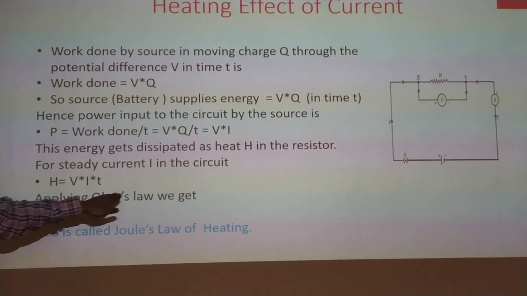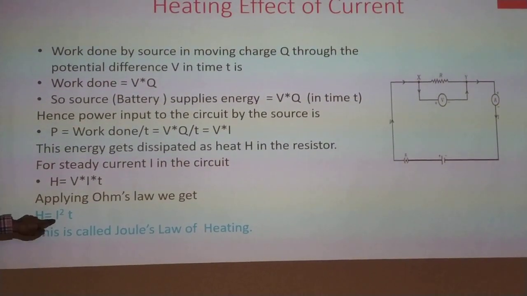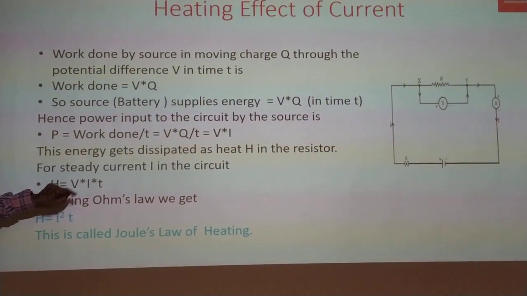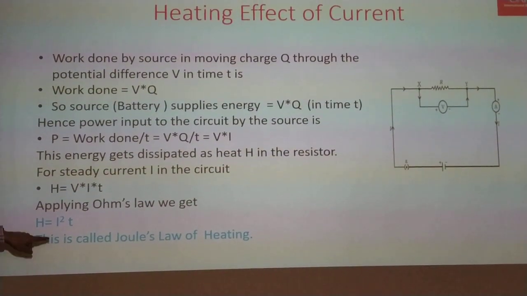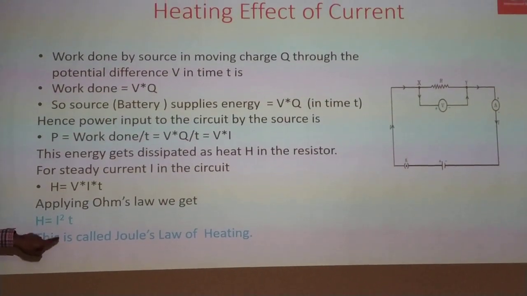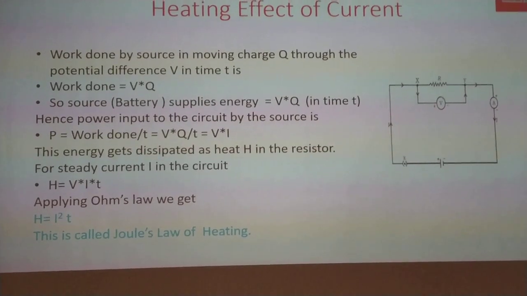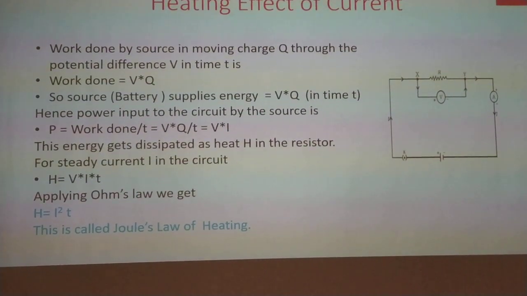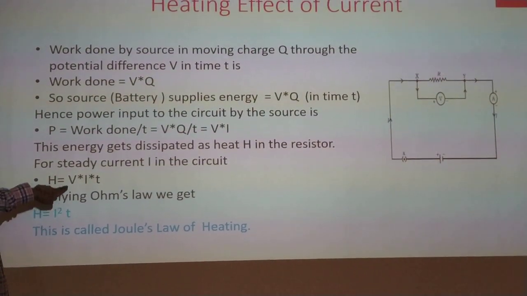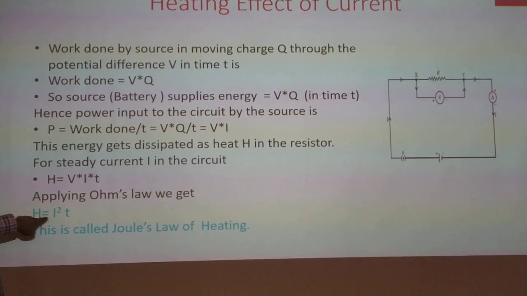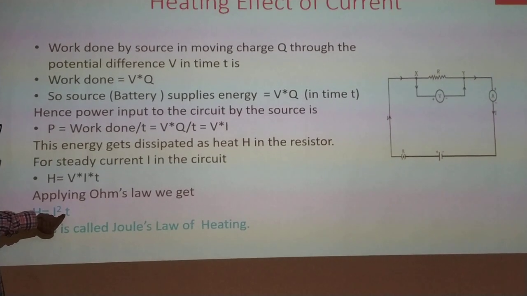If we apply Ohm's law, you know that V is equal to I into R. So H is equal to V into I into T, which becomes I square R into T.